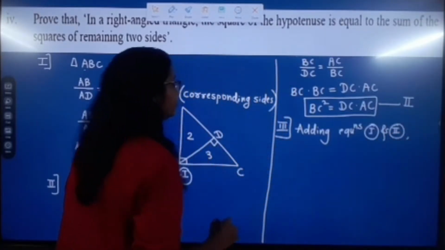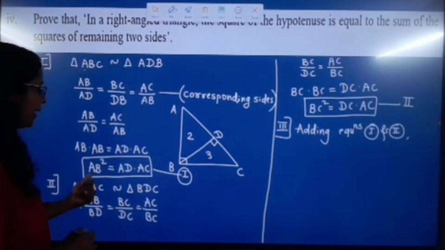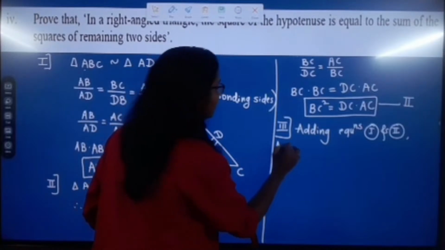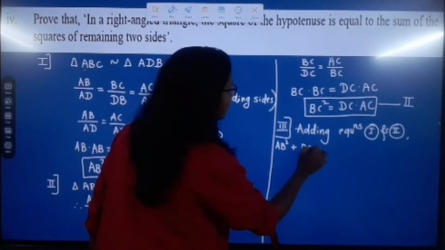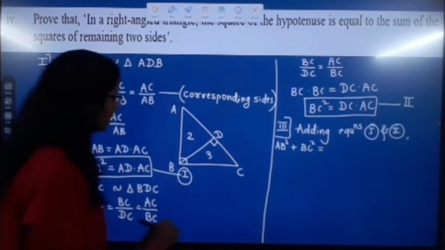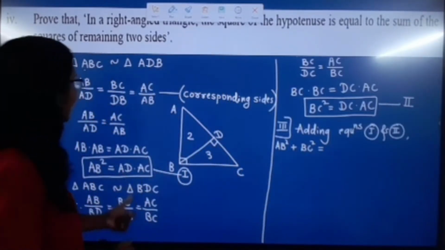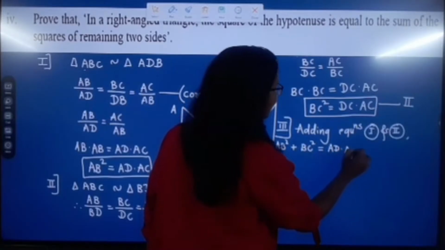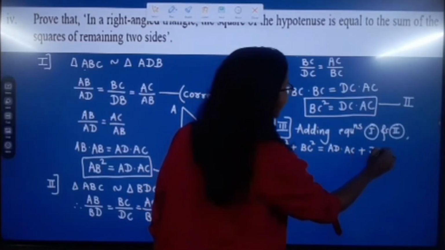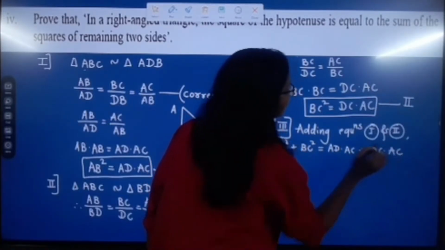Then the first equation's left hand side is AB square, and in the second equation the left hand side will be BC square. Then the right hand side is AD into AC plus DC into AC.